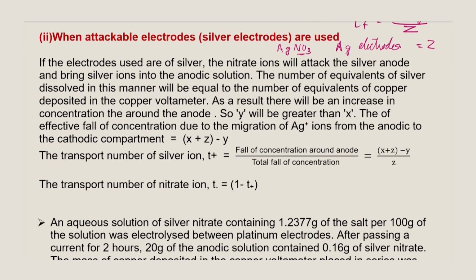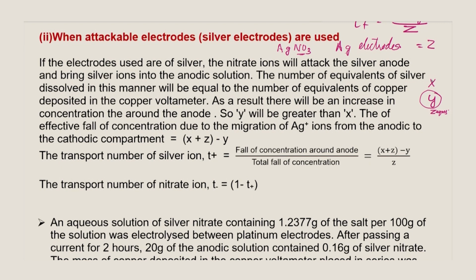Now, in this case, after electrolysis you will be getting Y, and before electrolysis it will be X. Since X does not contain any dissolved silver ions from the electrode, but Y will contain them, you will have Z equivalents extra dissolved in the solution.